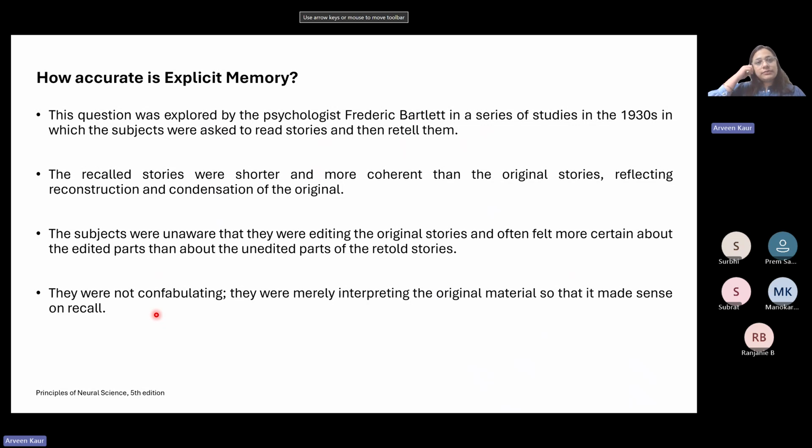So what it means is that, for instance, somebody told me a story, and once I'm trying to recall it or retell it, my brain will try to make sense of that story.